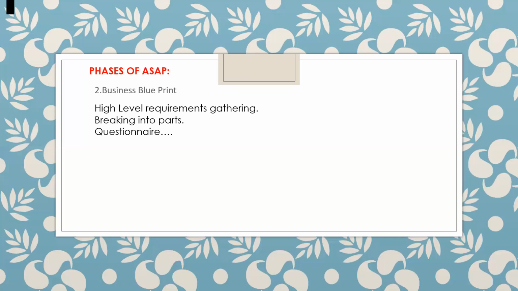So basically, you'll have a questionnaire. Questionnaire does not mean you prepare questions and go to your customer and ask the questions directly, saying, please tell me the answers. It's not like that. With your experience, at their business level, you'll ask questions.